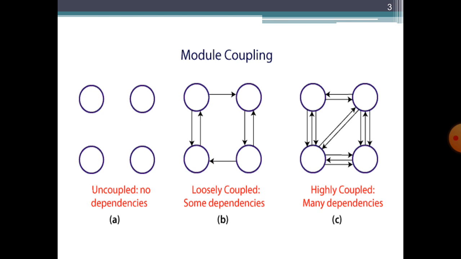And in figure A we have no calls between these modules, and there is no data shared between them, so we have no dependencies. So here we have minimized coupling or zero coupling.